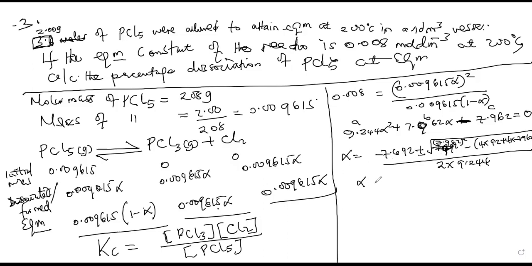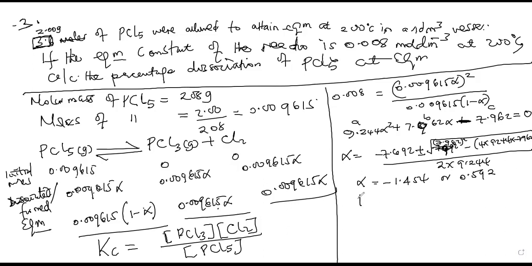So we're going to get the value of alpha as negative. Here you can put on the calculator after showing us the substitution, 1.454 or 0.592. But the value of alpha cannot be negative.